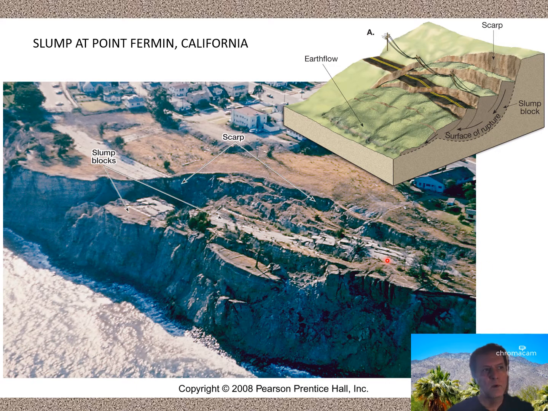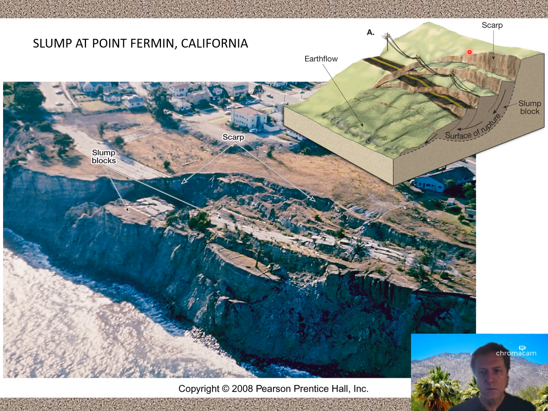Another type of slope failure is called a slump. This is a slump at Point Fermin. So again, we have weak materials. We have the introduction of moisture, and we have a sort of a downward motion at the upper blocks. That's where the slumping takes place.